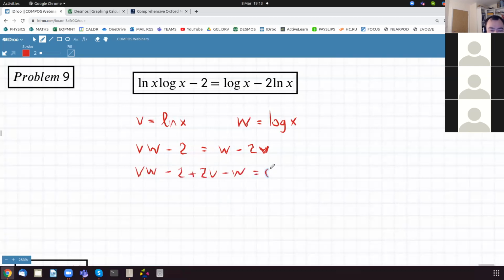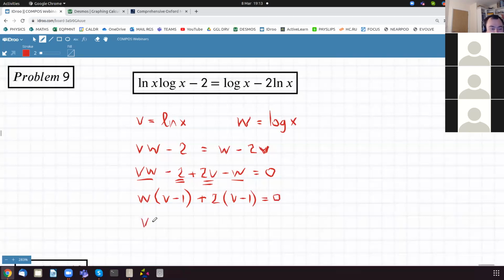Well, now I can group them. I can group this with this and this with this. So I get w times v minus 1. And here they have the common factor, which is 2 times v minus 1. Ah, interesting.